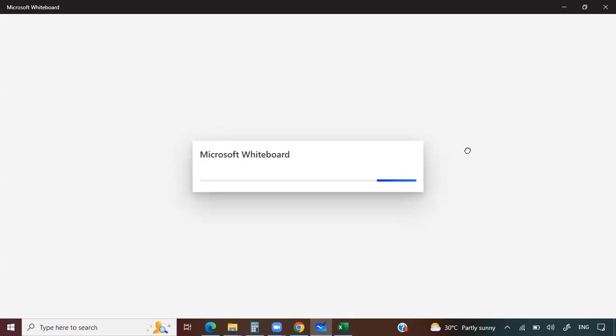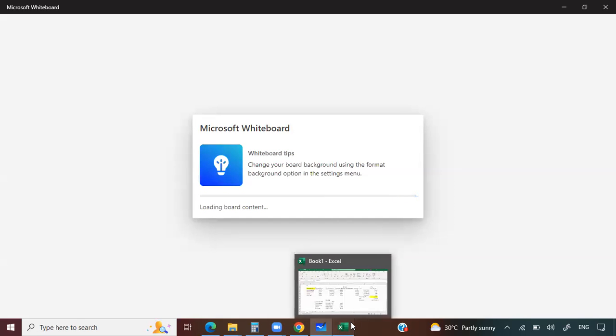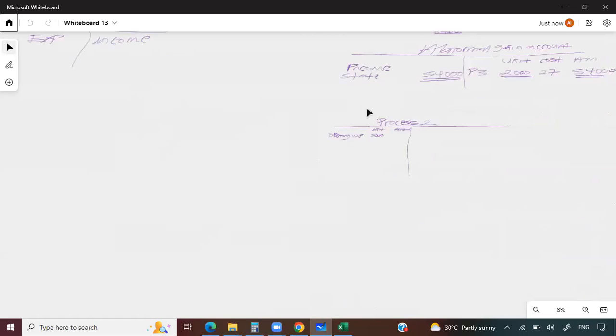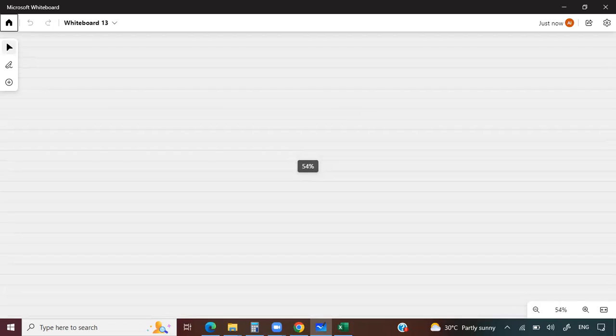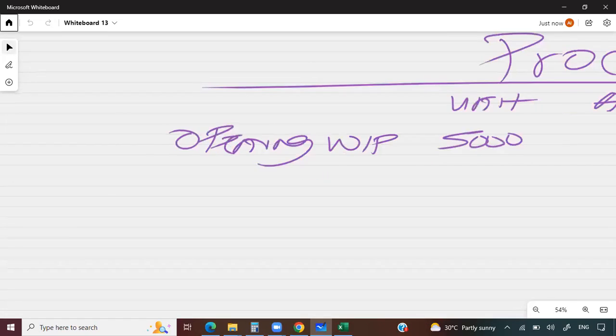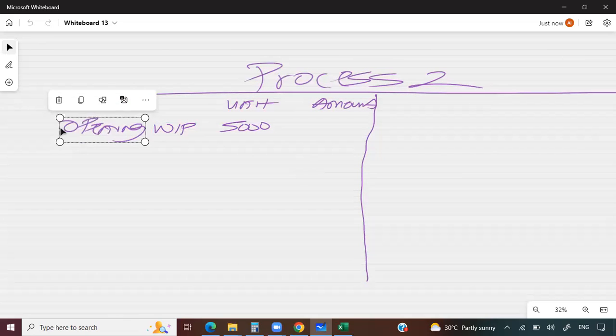Let me reload this page now. So I should be able to shape this.